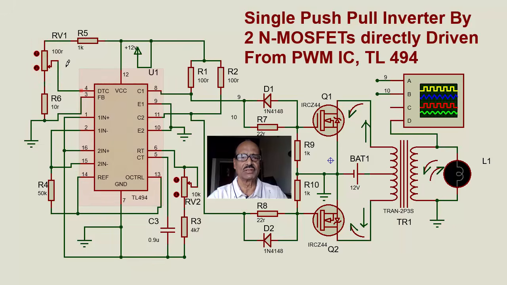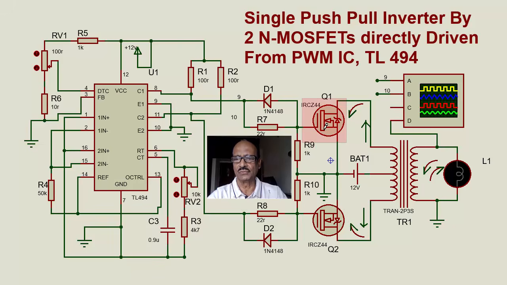This is the dead time control. We have made some arrangements here, and we will find how the dead time control is affecting the operation of the inverter. So when this is on, first the current flows from here through this winding and then conducts here. So in this half of the winding, the current is flowing. At that time there is no current flowing here.